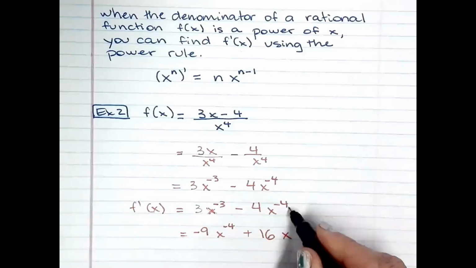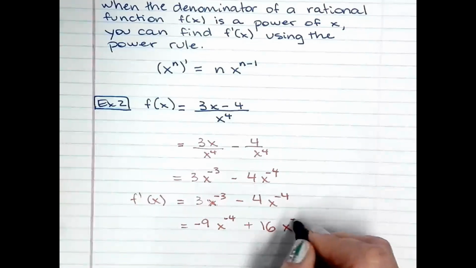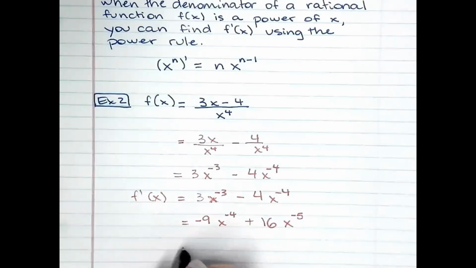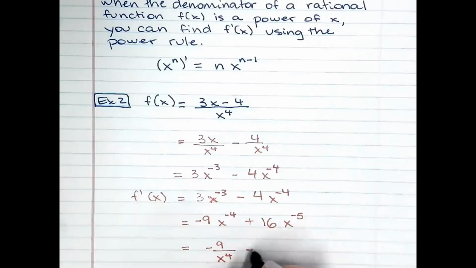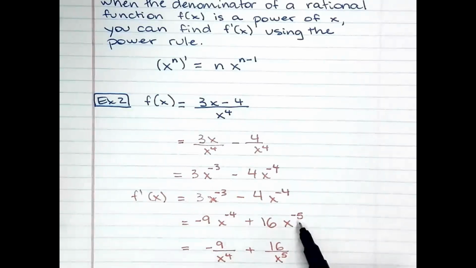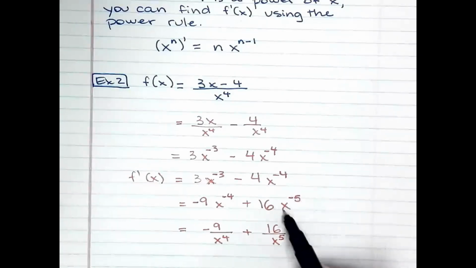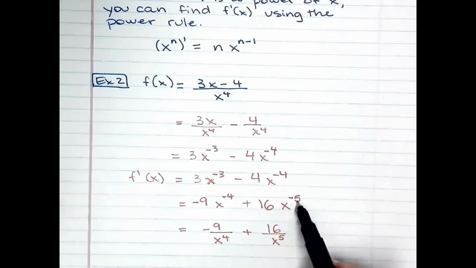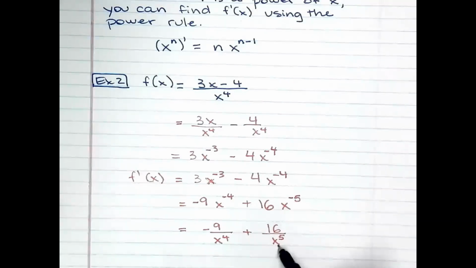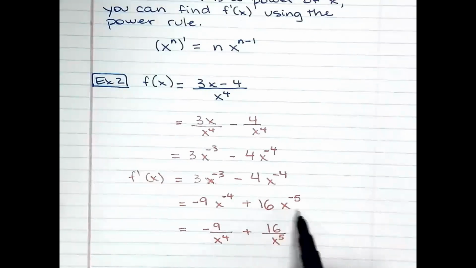And then subtract 1 from the exponent, negative 5. And now your final step, you just rewrite this as a positive exponent. Just remember the negative exponent means reciprocal, so just the x that is raised to the negative power goes to the denominator, not the whole thing, because if it was the whole thing, you would have parentheses around it.